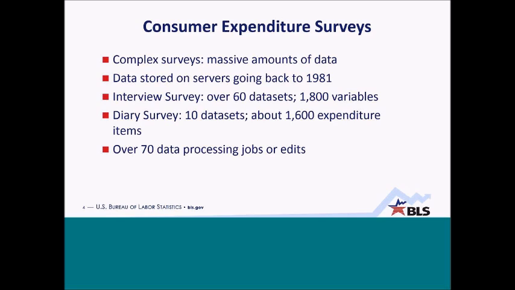So you can imagine how difficult it might be to describe to an end user where the data came from and what happened to the variable that you're looking at in the microdata at the end of the process.